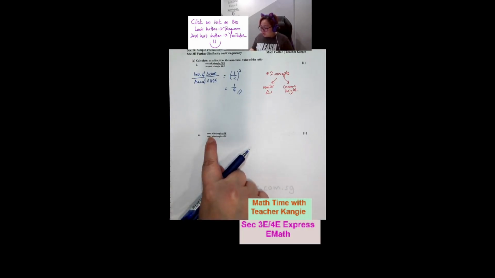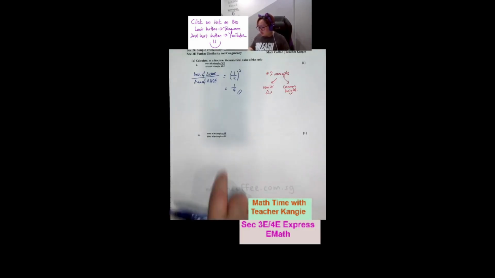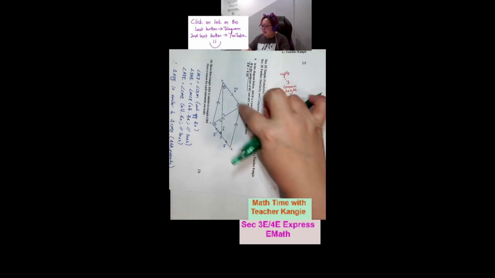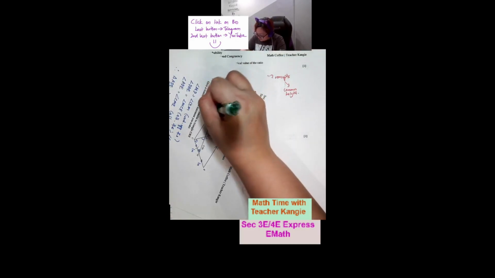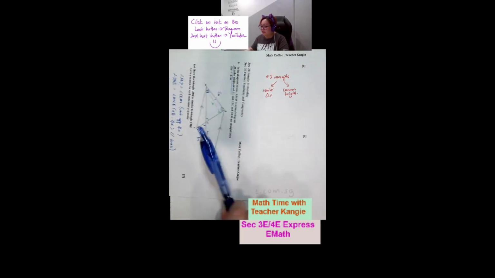Okay, next. Area of triangle ADE and ADC. This is the one that I'm talking about, common height. So now let's take a look at this diagram. What do I mean by common height? They say ADE, ADC. I'm going to draw out the height here. Okay, so now you look at this triangle, the one that I draw the height.